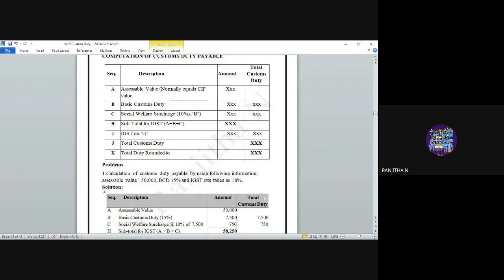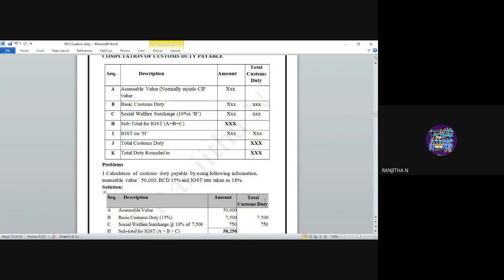And what are the other things which are given in the question? Basic custom duty is 15%. Next, the IGST rate is taken as 18%. All the information is given, but check the question, students. There is no information related to the social welfare charges.